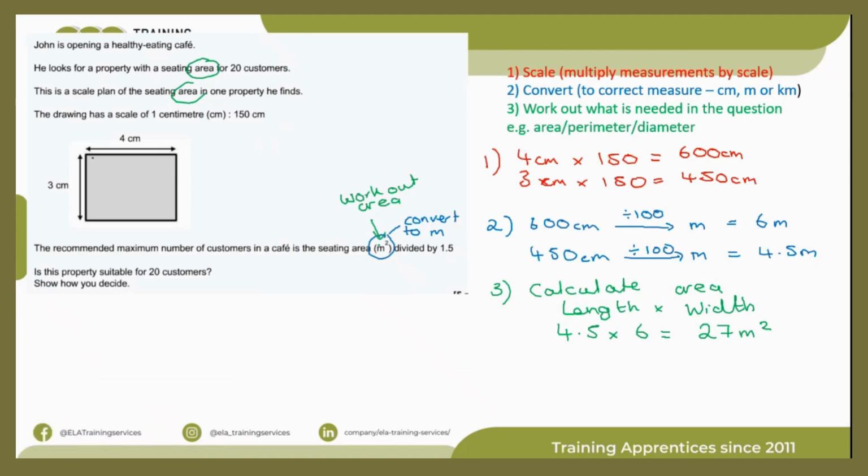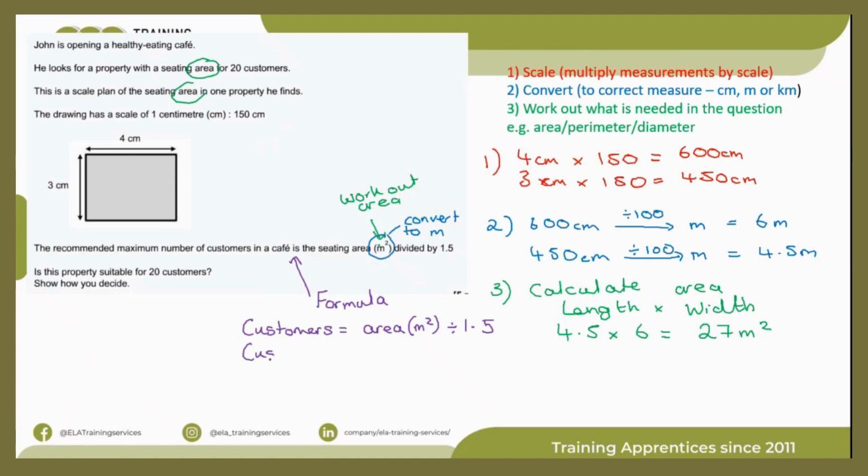So here it says the recommended maximum number of customers in a cafe is the seating area metres squared divided by 1.5. So here we actually have a formula, and that formula is saying to work out customers, we do the area in metres squared divided by 1.5. So that's what we're going to do to work out if the customers is going to be 20 or more or less.